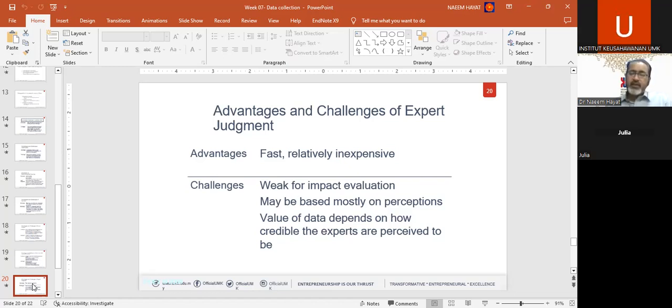Challenges are that expert opinion is weak for impact evaluation, because it gives only one aspect, the expert's. Maybe the community, the consumer or the businessman have a different understanding. It may be based mostly on perception, because it's only one community giving its understanding. The value of the data depends on how credible the experts are perceived to be.